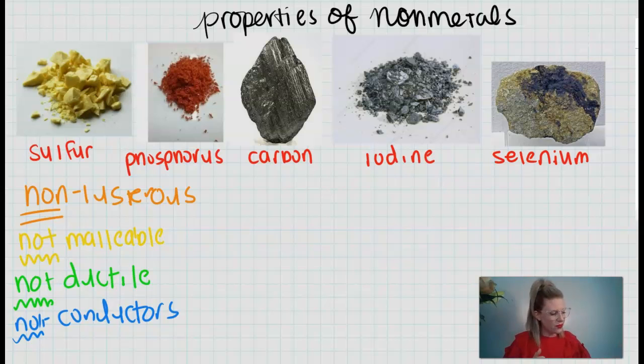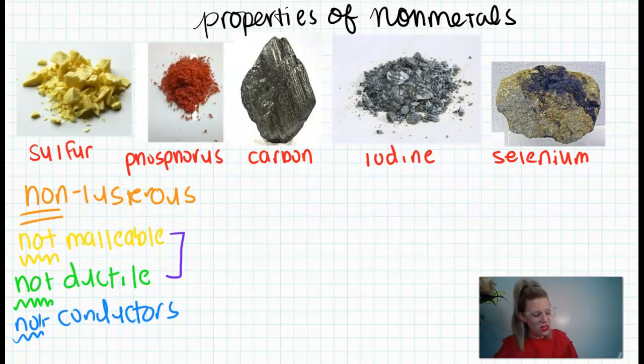But I do want to just kind of circle back to this concept of not malleable and not ductile. There's a reason for that. In both malleability and ductility, we have to kind of be able to mold these objects. And the reason that the nonmetals are not moldable like that is because they are what we call brittle. Now you may have heard this term brittle. There's a couple places you may have heard it.